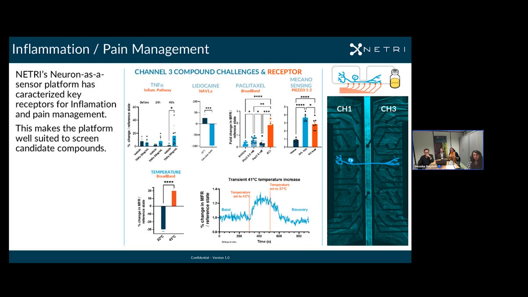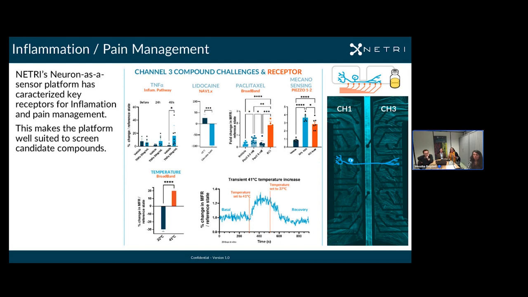Another example of what can be done in the pain field: paclitaxel, where not all the targets are well known, as there are multiple targets, and you can try to understand which one and how the cells are responding to this compound.